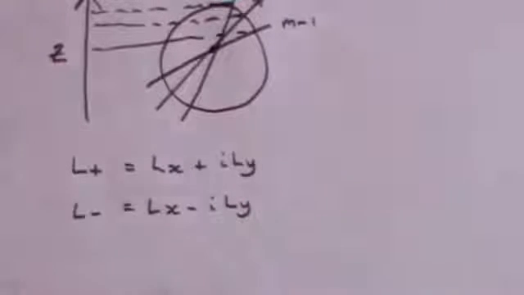Now I want to create two new terms: L plus, which I'm going to call Lx plus iLy, and L minus, which I'm going to call Lx minus iLy. I'm not going to tell you what they are, though you may be able to guess. We'll see in a moment.